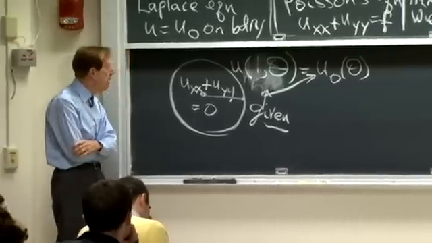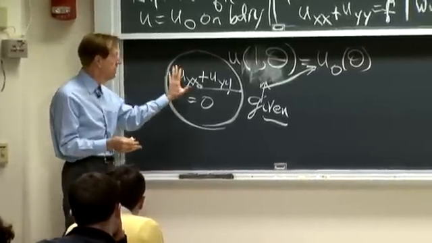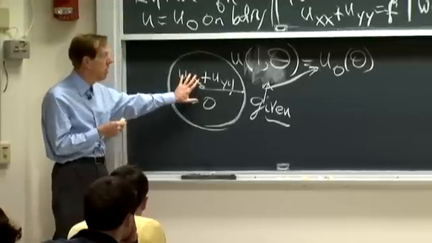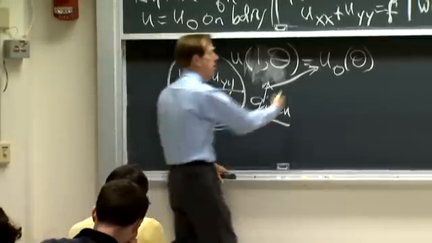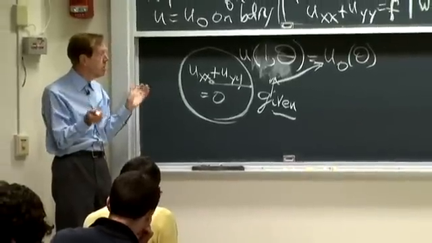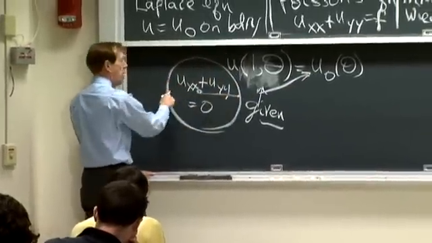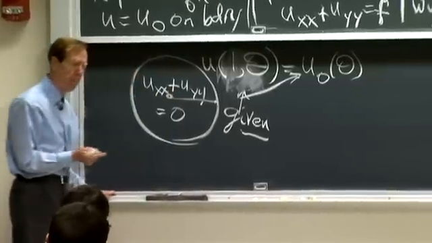Okay, so I'm just looking for a function that solves Laplace's equation inside the circle and takes on some values around the boundary. And of course, the boundary values might be +1 on the top and -1 on the bottom.